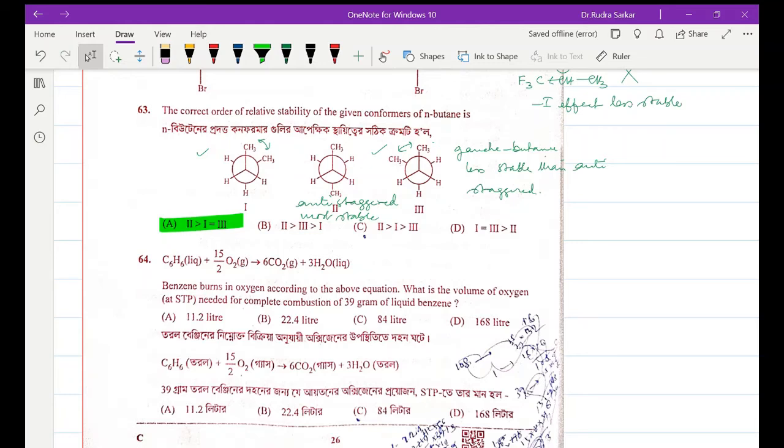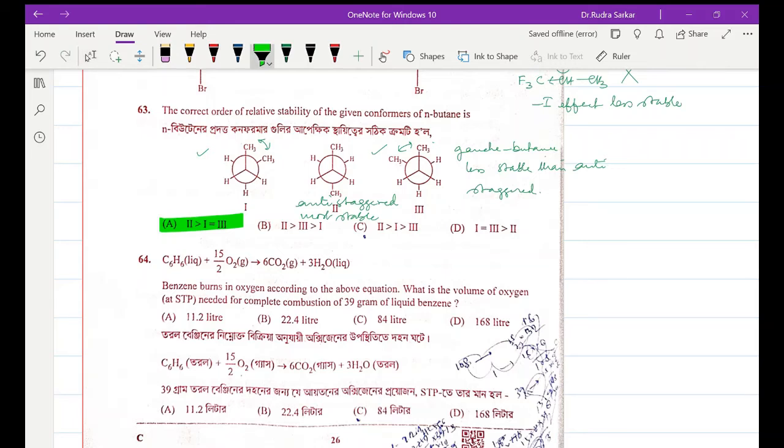In question number 64, we have been given C6H6 plus 15 by 2 O2 gives you 6 CO2 plus 3 H2O. Benzene burns in oxygen according to the above equation. What volume of oxygen at STP is needed for complete combustion of 39 gram of liquid benzene?